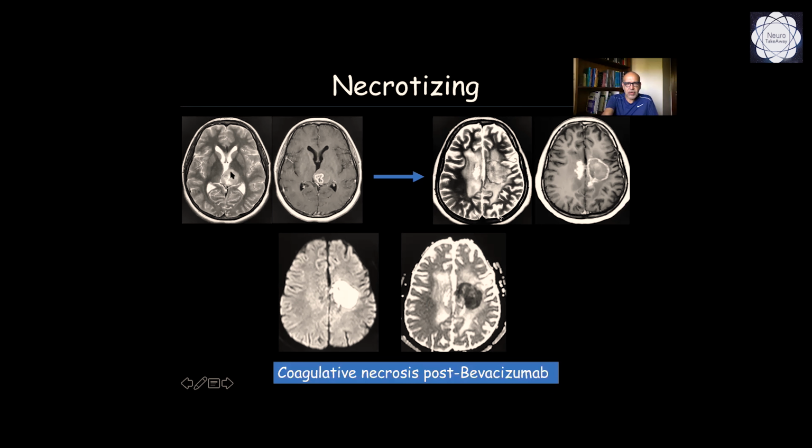This is a case of a thalamic glioma that received bevacizumab as second line, and he developed this focal lesion with peripheral enhancement and a strong restriction on diffusion that is typical of this complication, that may persist for a long time, and we don't have to interpret this finding as residual tumor.